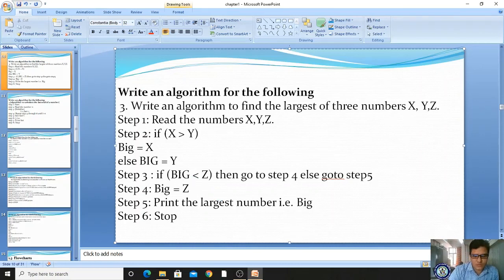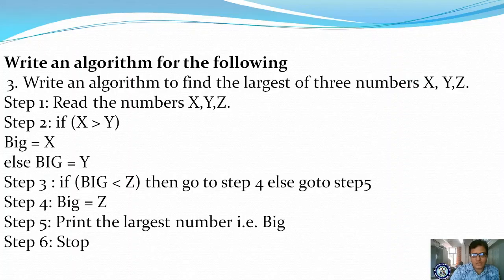If big less than z, we have to go to step 4, afterwards step 5, else directly go to step 5. Clear? Yes. Likewise, clear information has to be provided. Okay, hope you are understanding this concept. So likewise, you can create any number of algorithms for any problems.